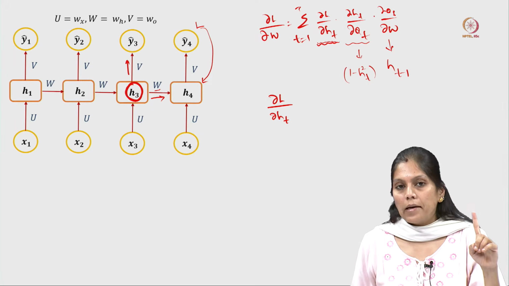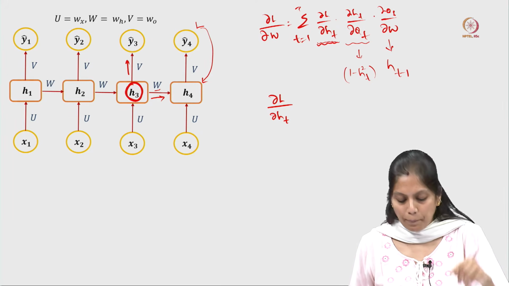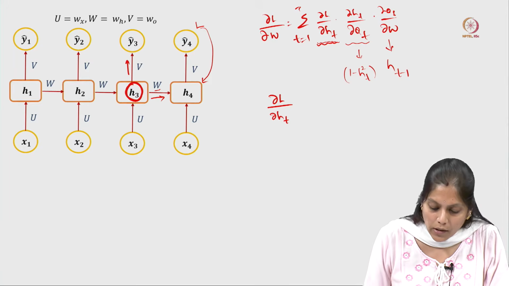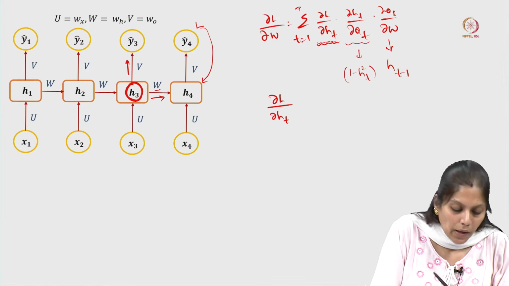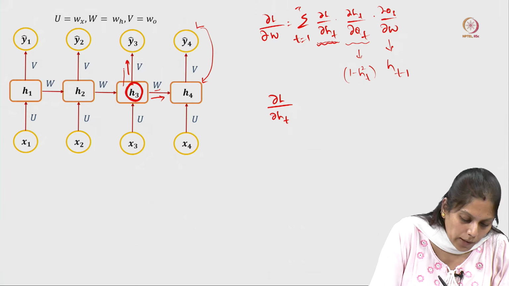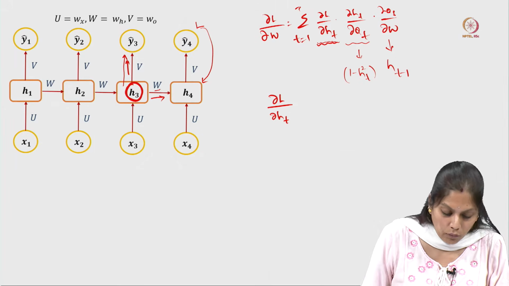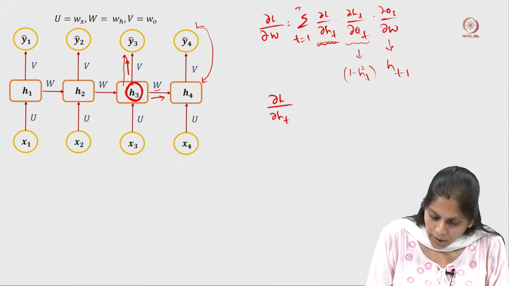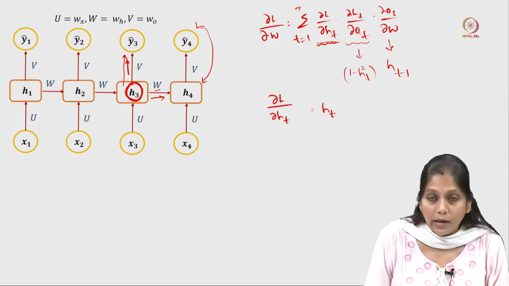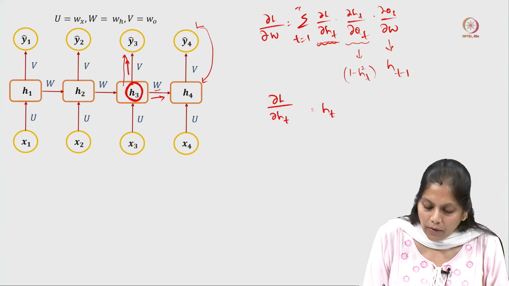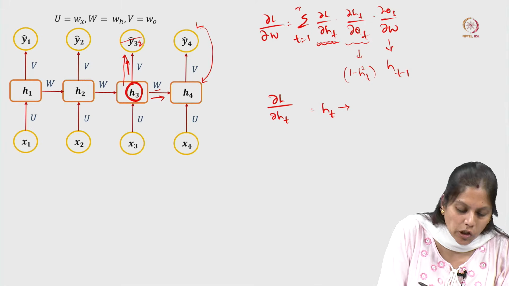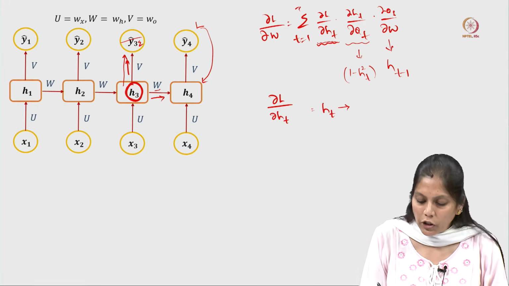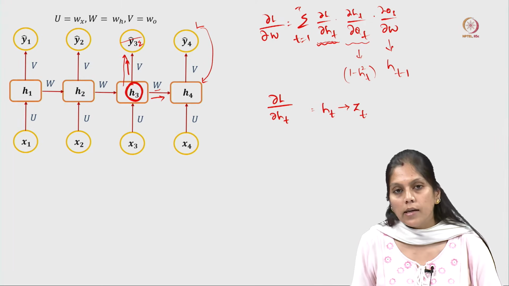So first let us calculate H3 going up. Just see the flow when you are going up. I am writing H3 in general as HT. From HT where will you reach? You will first reach the summation part, and we know that the summation is denoted as ZT.